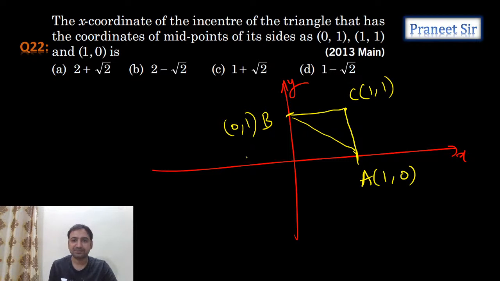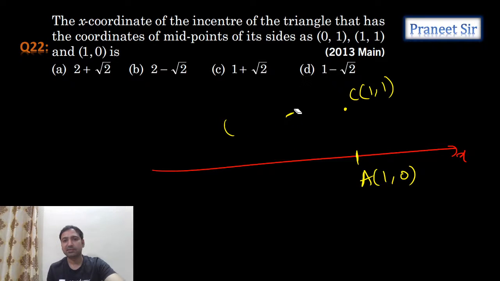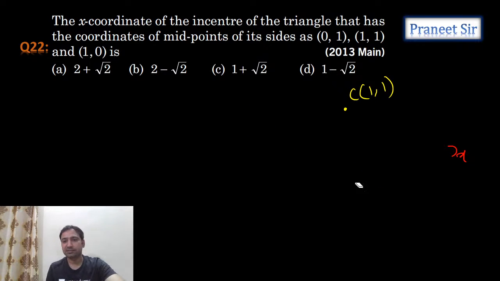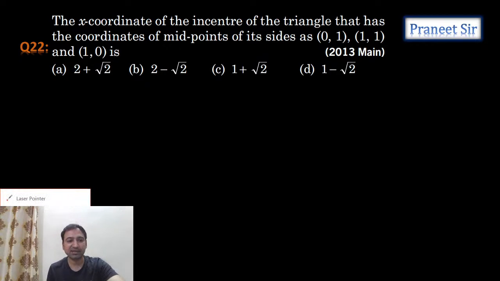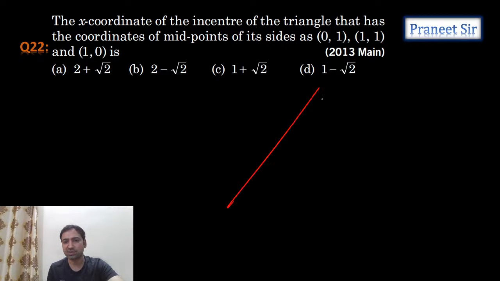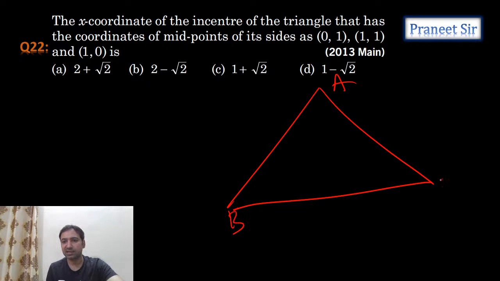So we can say it like this, guys. If you know the midpoints of the sides of a triangle, we can calculate the vertices by using a simple technique. I'll tell you the technique. Let's take a triangle ABC, and he is giving the midpoints of the sides as (0, 1), (1, 1) and (1, 0).